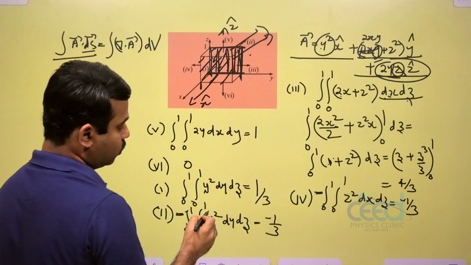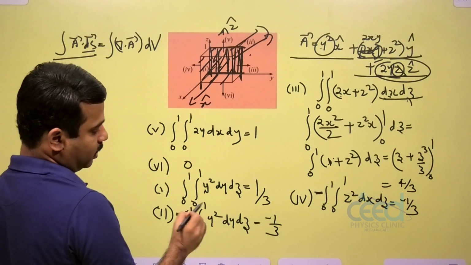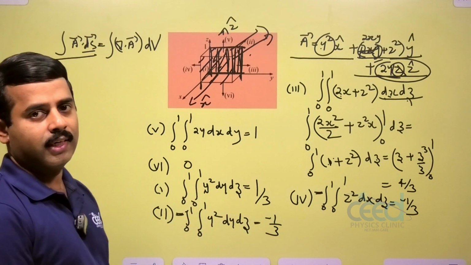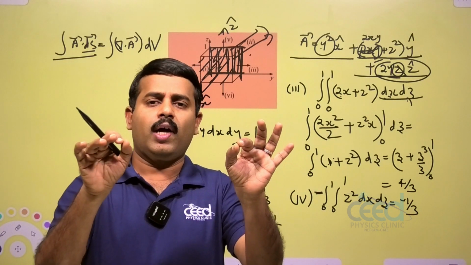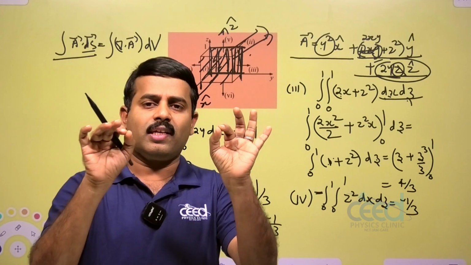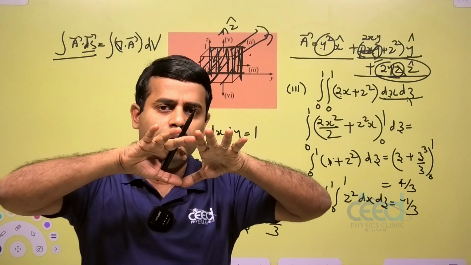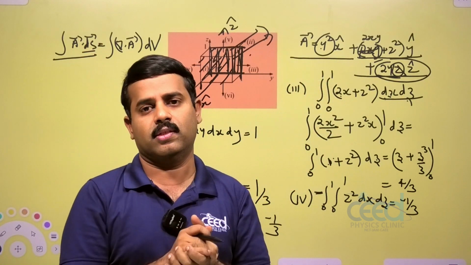The function is again y square, x equal to 0 doesn't affect this function, dy dz, then minus 1 by 3 comes. So now I calculated the surface integral of the vector field throughout all the 6 faces.